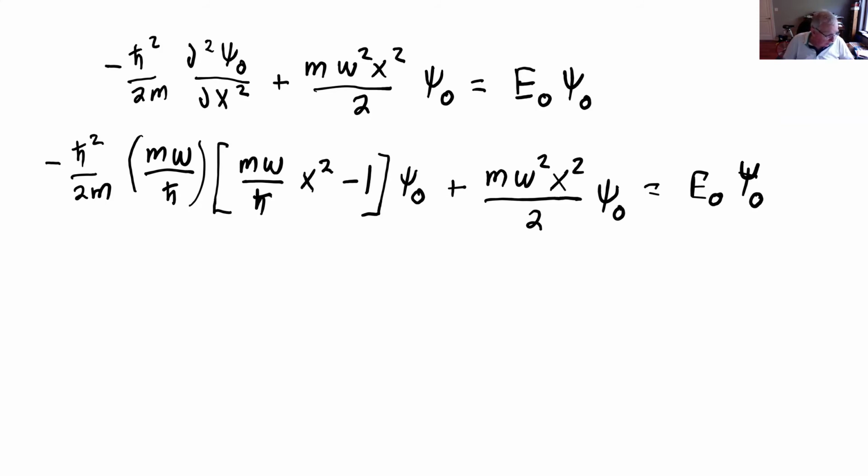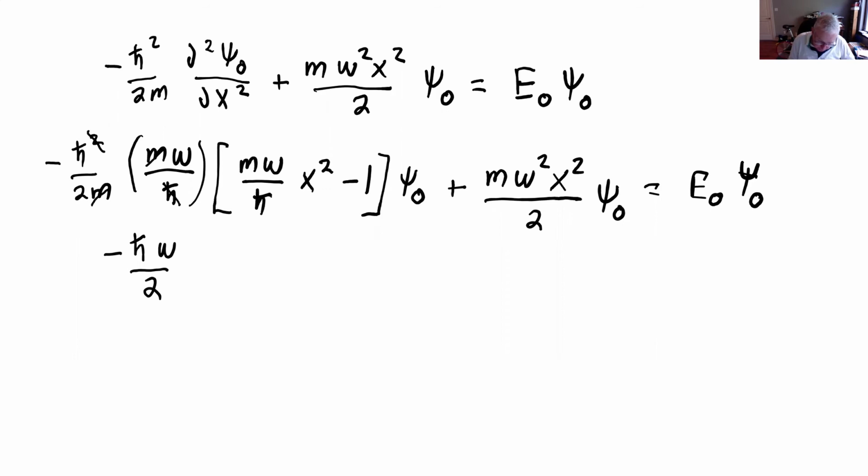Okay, let's try and do some cleaning up of things here. If I rearrange that and cluster up some terms, my notes tell me that I can do the following. There's a lot of things going on here, so let's just do some of it. Here's an m, and there's an m, so let's cancel those. Here's an h bar, and there's an h bar squared, so we can cancel the squared part of that. So this gives me minus h bar omega over 2.